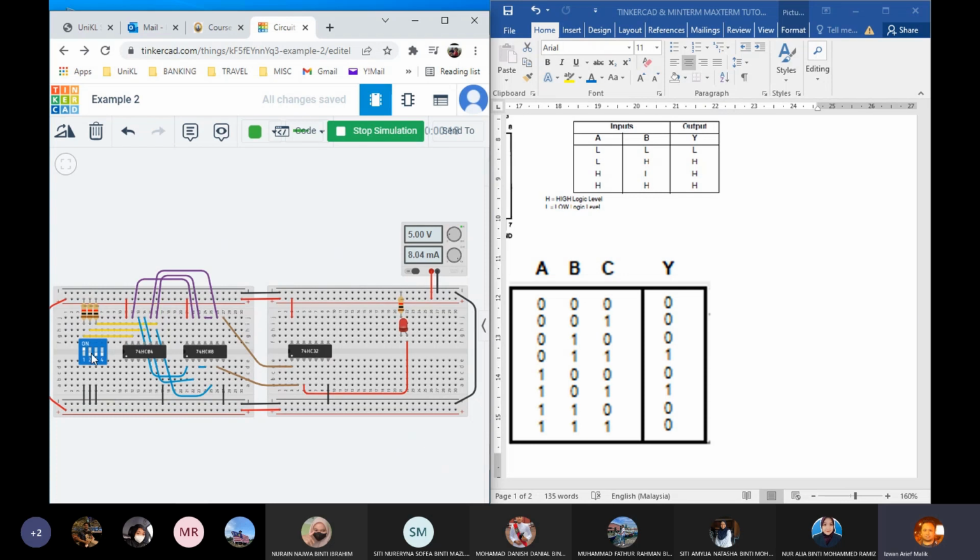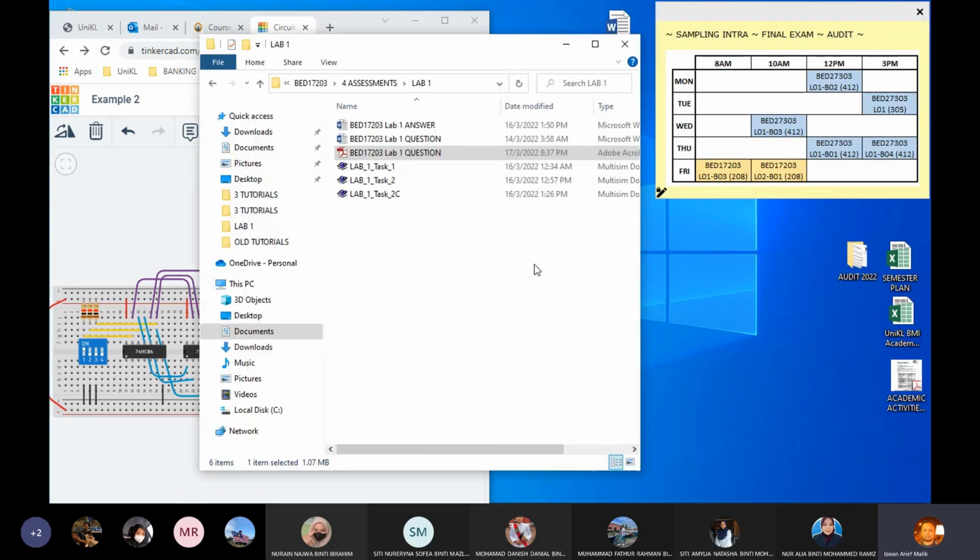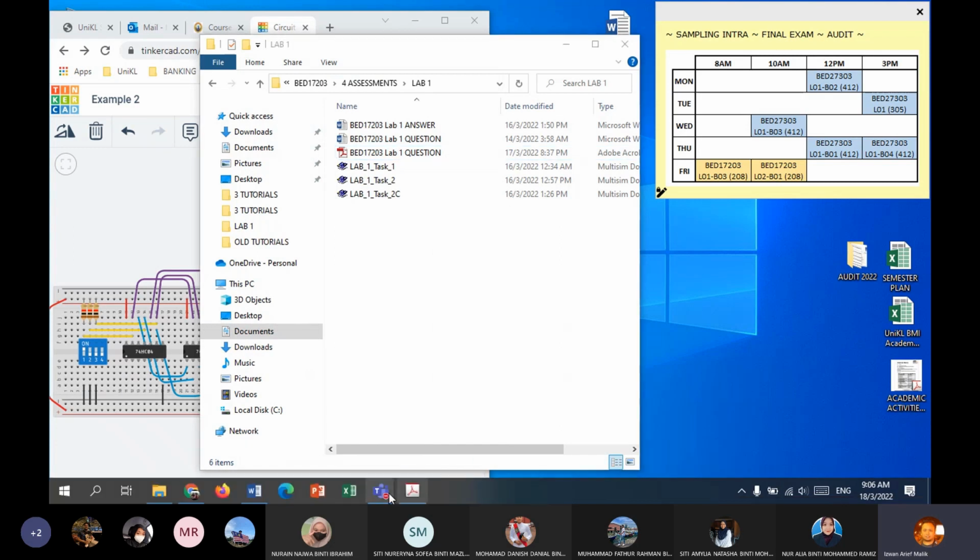So proof kan. 0, 1, 0 tak menyala. So snap, letak kat dalam answer. 011 menyala. So 011 menyala, snap, dan letak dalam answer. So that is how you paste your answer lah. So there will be 8 diagrams here and then 1 diagram for the whole part of the assessment.